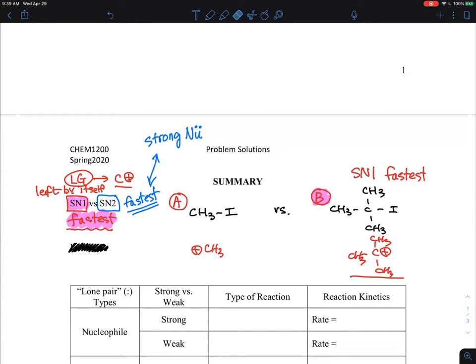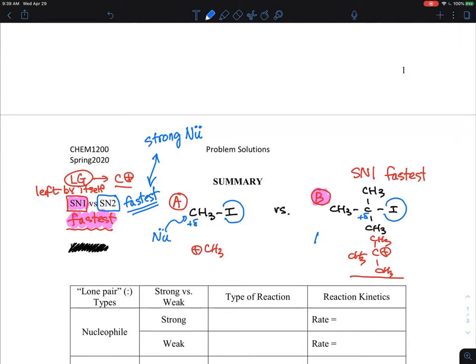In an SN2 reaction, the nucleophile is looking for an opportunity to attack, and this carbon is partially positive. So this nucleophile is trying to make a bond here with the carbon, right?